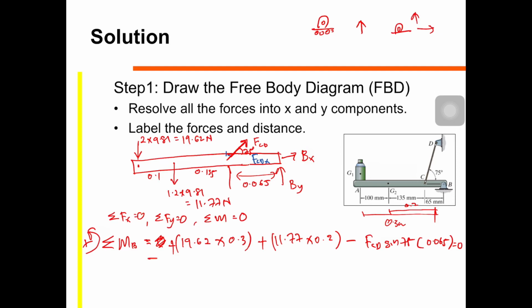So we can directly find FCD. What is the value of FCD?